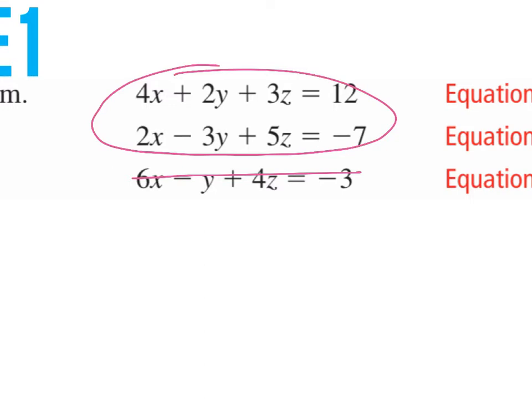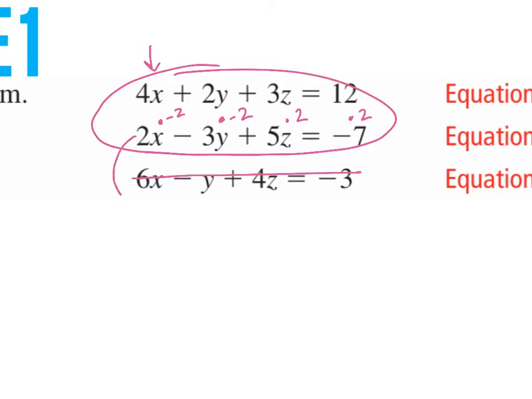We could have done z, but we would have had to multiply both of our equations by a number, which would have been more work. So to make it easier for us, let's eliminate x, and all we have to do is multiply our second equation by -2. That way our x's are going to cancel out. So we're multiplying everything in our second equation by -2.